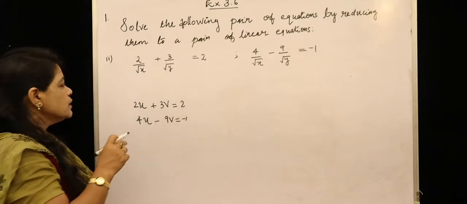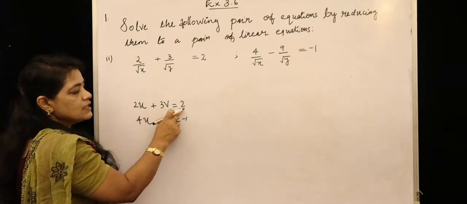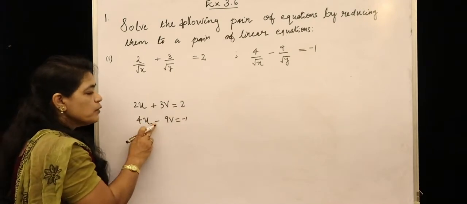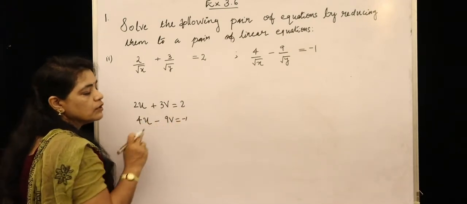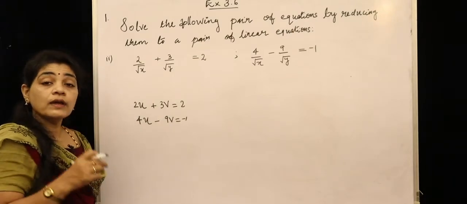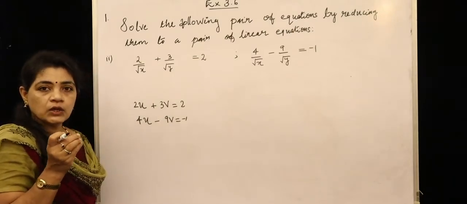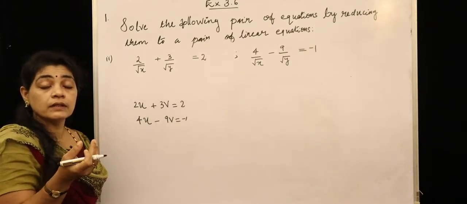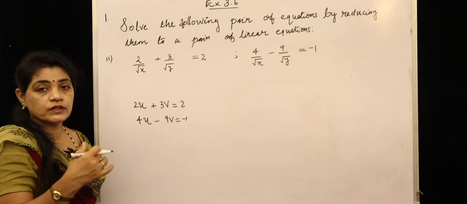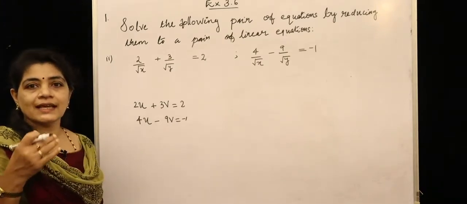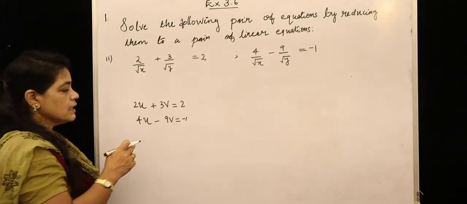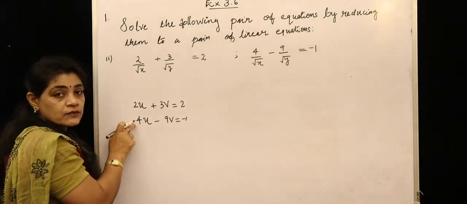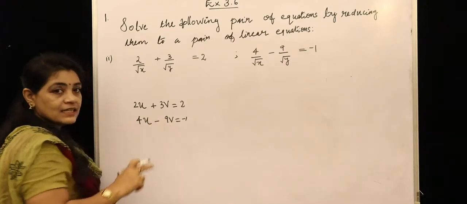See children, here 2u plus 3v is equal to 2. Understood? Here 4u minus 9v equal to minus 1. If one of the equations has coefficients that are multiples of the other's, see here 2 and 4, the multiple of 2 is 4, the multiple of 3 is 9.